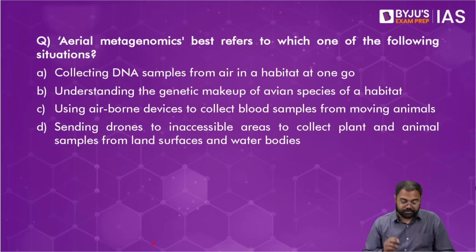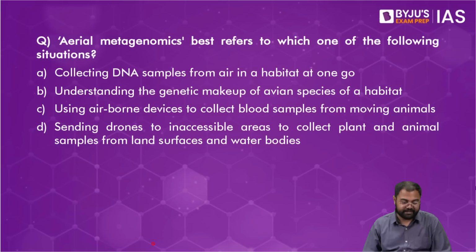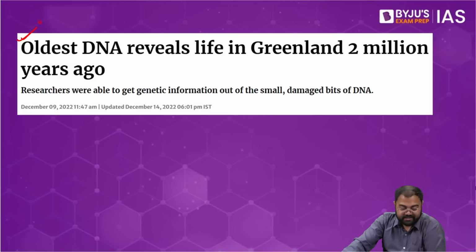Now they ask this question: aerial metagenomics best refers to which of the following situations? This was, I would say, a difficult question. One reason why they would have asked this question was this news about the oldest DNA revealing life in Greenland almost 2 million years ago.